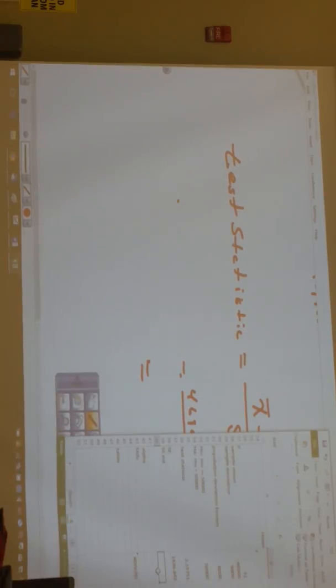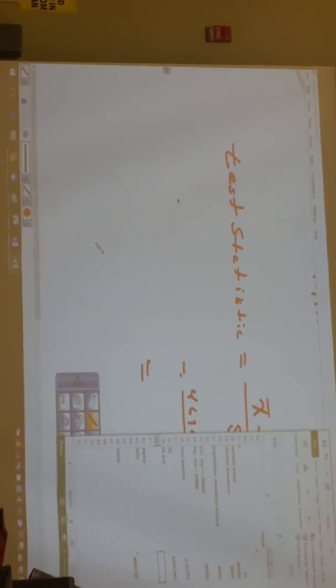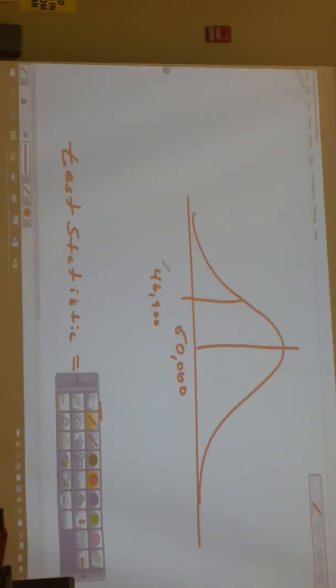So when I do that, I get a test statistic of what? Negative 2.15751. So when I go back to my picture, I'm going to make this look a little bit more realistic, because we just calculated it. This was my 46,900, which gave me a test statistic of what?